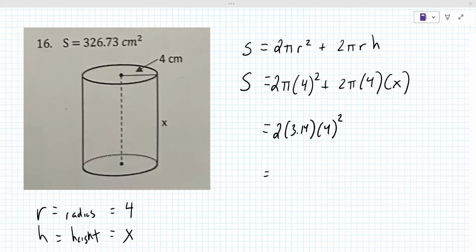Two times 3.14 is 6.28. Okay, keep going. You've got to multiply 6.28 by 4 squared, which is 16. 6.28 times 16 is 100.48. Okay, I agree.